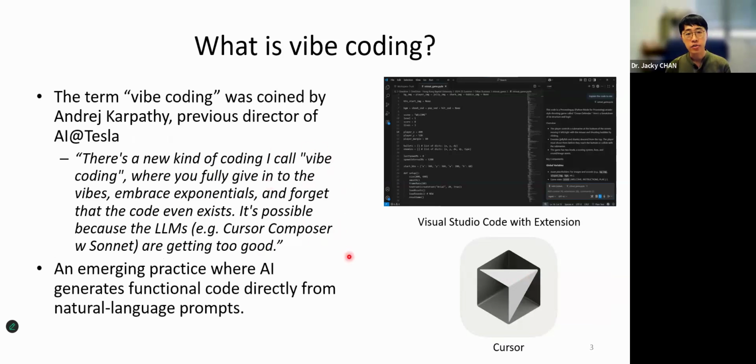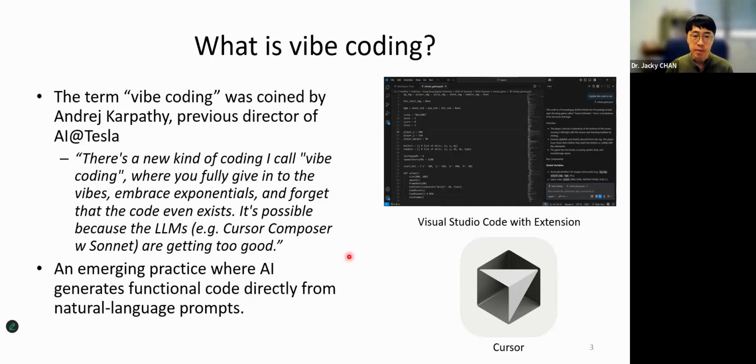They say that it is a new kind of coding, and here they use an LLM to generate the code. So now, instead of writing it line by line, we can use natural language to describe the thing that you want and rely on AI's vibe to produce working code. That's why we call it vibe coding.